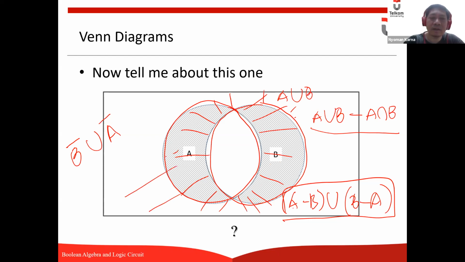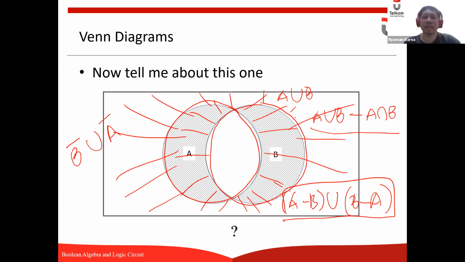So B complement union A complement is like this.